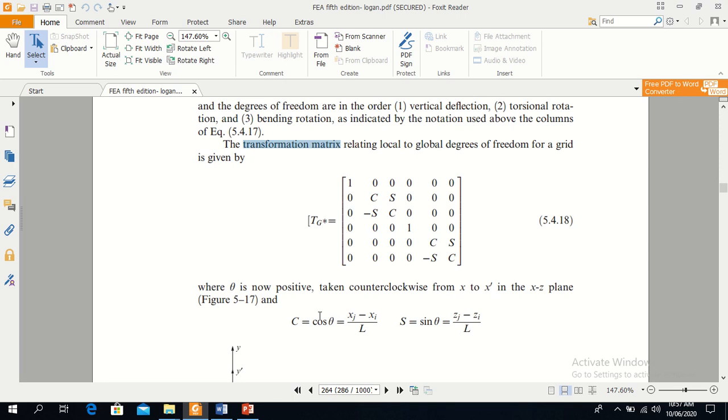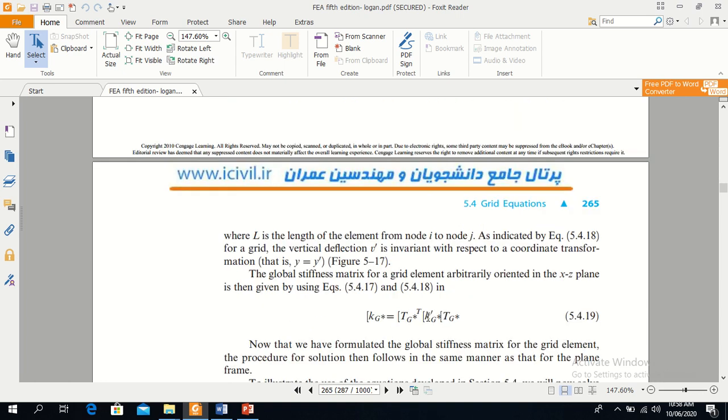And then please note down C. C stands for cos theta. We have the local stiffness matrix, and we transform the local stiffness matrix into the global stiffness matrix by multiplying it with the transformation matrix and the transpose of the transformation matrix. So please note down this formula.